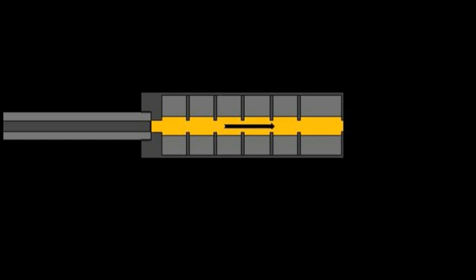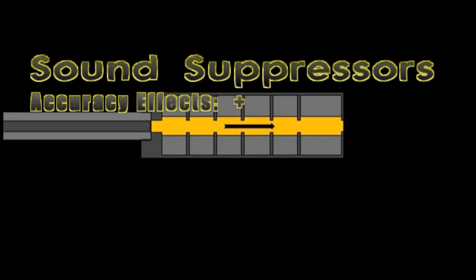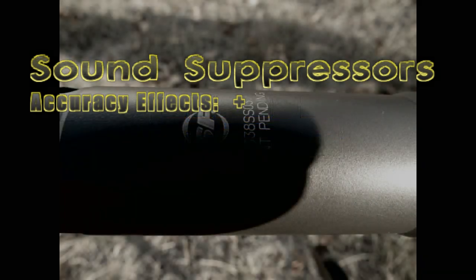So if you have a very well-made suppressor and it's timed on there correctly, and it's in line with your bore axis, it's actually going to increase your accuracy potential. So the good suppressors are very well suited for long-range precision rifle shooting.